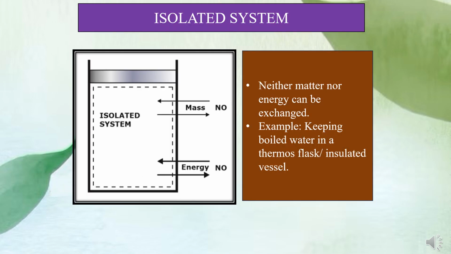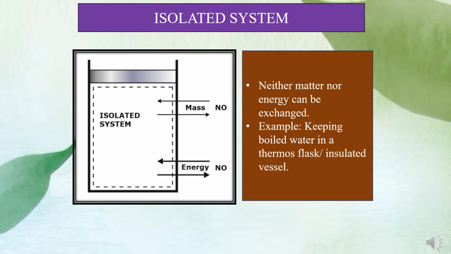Then the third one is the isolated system. A system which cannot exchange matter or energy with the surroundings is known as an isolated system. The zeroth law of thermodynamics states that thermodynamic processes do not affect the total energy of the system.